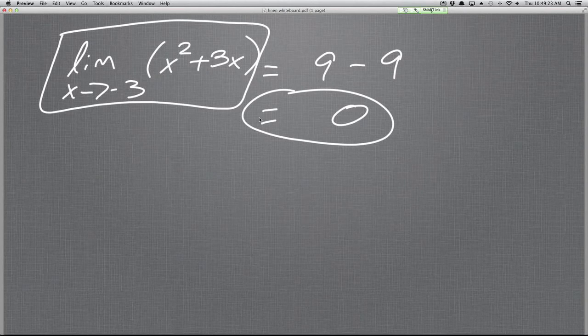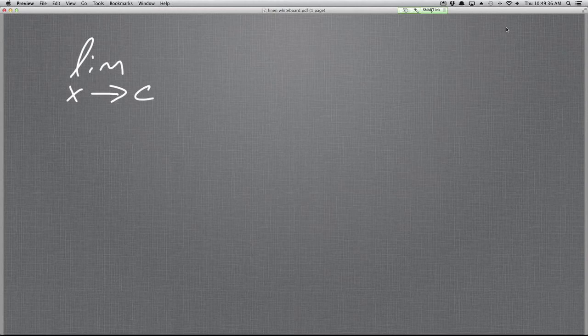Okay, the next thing we need to look at is the composition. Find the limit of composition of functions. So, for instance, what do I mean by composition? What am I talking about?